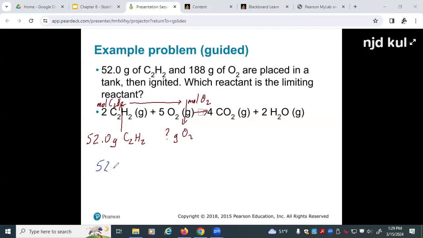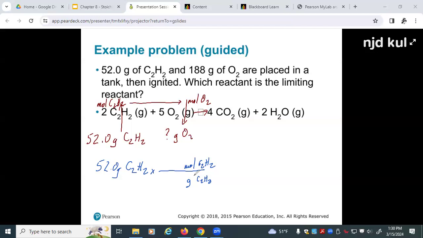So starting with our 52 grams of acetylene, the first step is to turn the grams of acetylene into moles. For that, we need our molar mass. Molar mass comes from the periodic table.